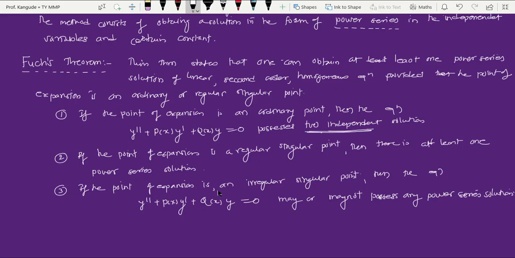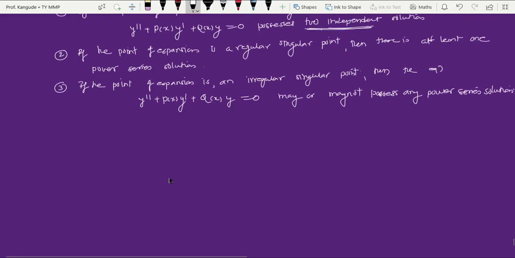Second, if the point of expansion is a regular singular point, then at least one power series solution is possible. And if the given point of expansion is an irregular singular point or essential singularity, then there is no guarantee that a power series solution will be possible.